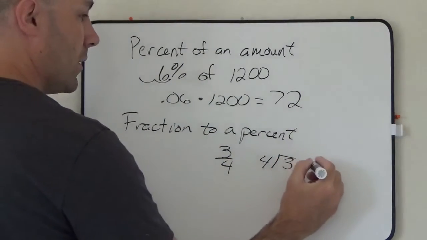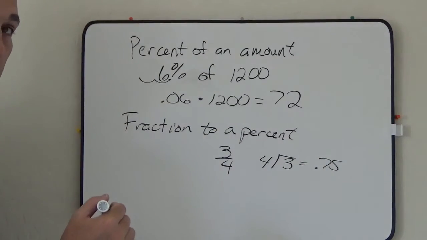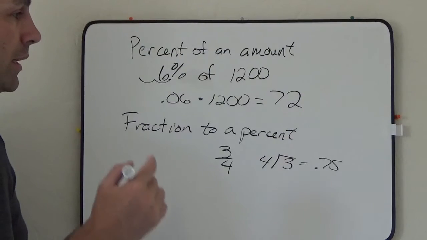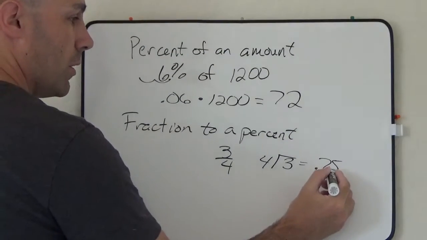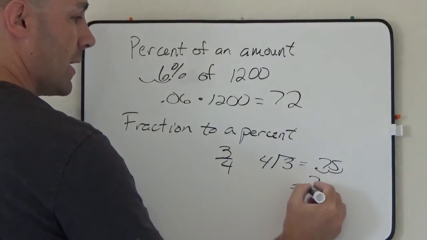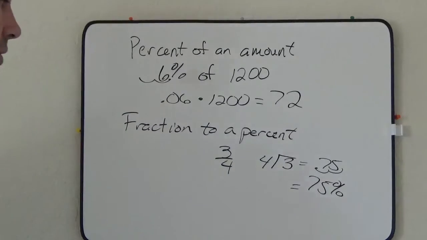So when you do that, you get 0.75. That's a decimal answer that you get when you divide. So we need to move the decimal twice to the right now to make it a percent. Moving it twice to the right makes this 75%. So changing a fraction to a percent is done that way.